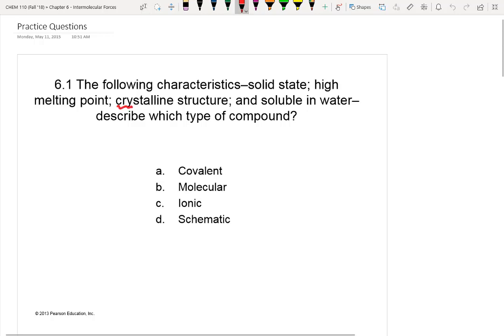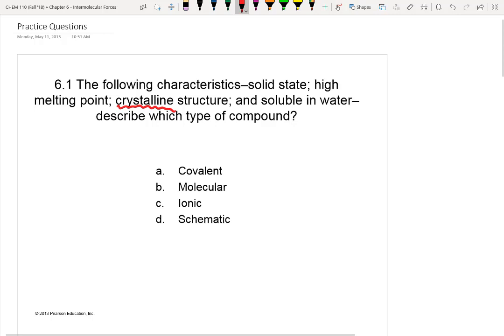There's one important word in here, so I'll underline that. Crystalline. What does that mean? It means it wants to form a crystal, right? Do all covalent compounds want to form crystals? No, water is a covalent compound. It does not form crystals.